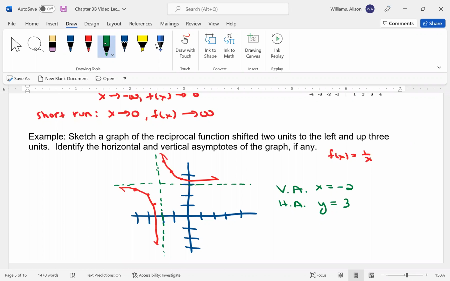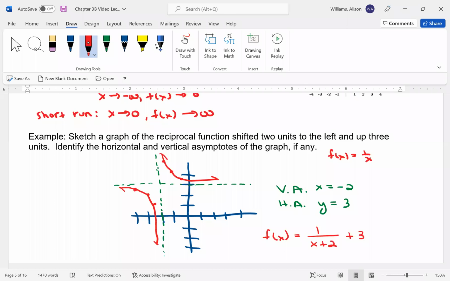Now, really quick, I do want to write out what the equation of this function actually is, okay? So if I'm taking the 1 over x function and I'm shifting it left 2, that's going to be a +2 next to the x, and then up 3 means it's going to be a +3 on the outside.